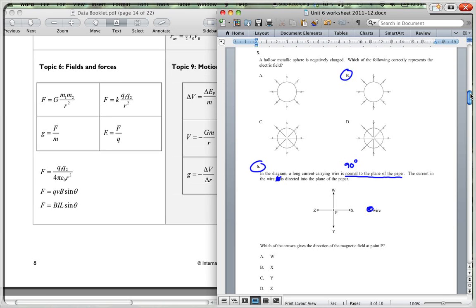Now, remember, using the right hand, you put your thumb in the direction of the current, so your thumb would be pointing into the page, and your curled fingers give the direction of the magnetic field. So if I draw a circle like that, it would be going in direction W.